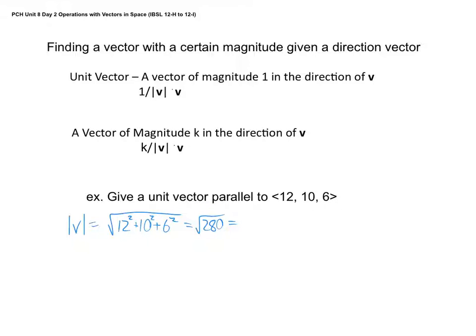And that's 2 times 35, which is simplest radical form. So that would be just 2 root 70. So if I wanted the unit vector, then that would be 1 over 2 root 70 times 12, 10, 6.